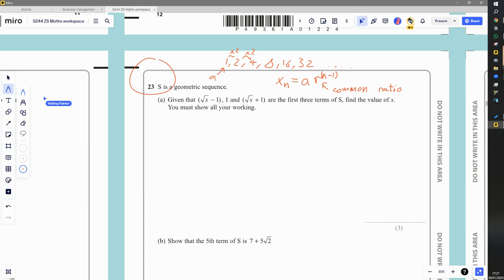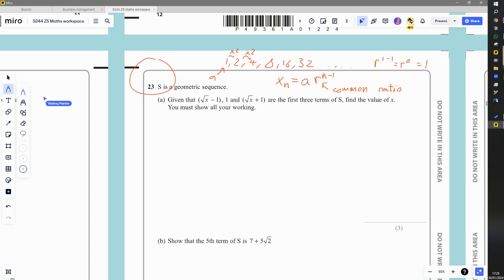So if we look at how this expression works, I just want to get rid of that bracket because it's a bit difficult to see what's happening. If we remember that anything to the power of 0 is 1, then when n is 1, we have r to the power of 1 minus 1, which is r to the power of 0, which is 1. So on the first term, this all becomes 1, and the first term becomes a.